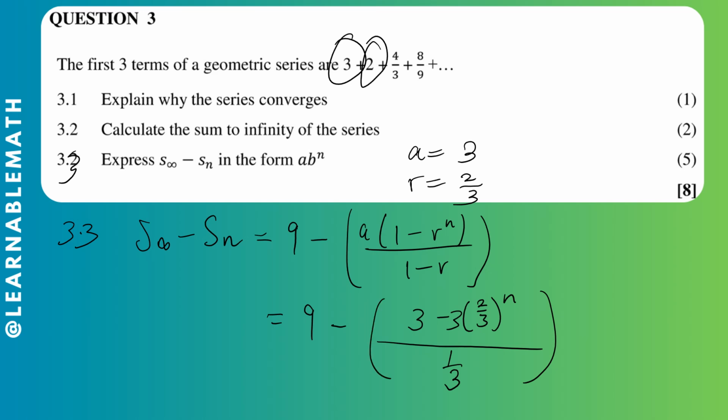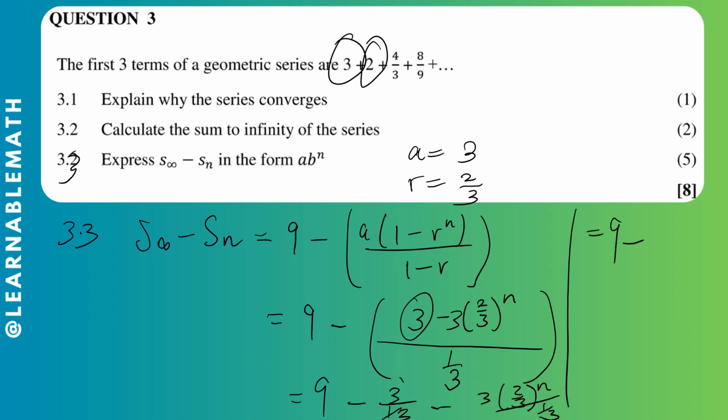Now we simplify inside the brackets: 3 divided by 1 over 3, minus 3 times 2 over 3 to the power n divided by 1 over 3. So we get 9 minus something: 3 divided by 1 over 3 is the same as 3 times 3 over 1, which is 9, and the second part, 3 divided by 1 over 3, will be 9 times 2 over 3 to the power n.